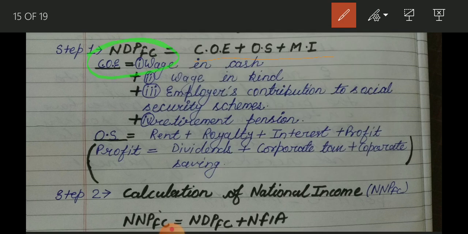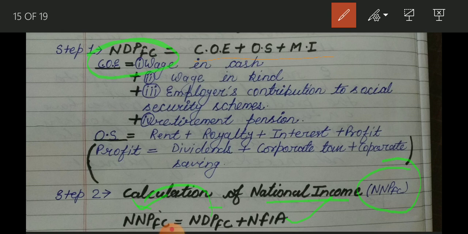Now for getting national income, means NNP-FC, what do we have to add? NFIA. Why? Because there is a difference, one is domestic, the other is national. When we are moving from domestic to national, we have to add NFIA. So when we add NFIA, we get NNP-FC.